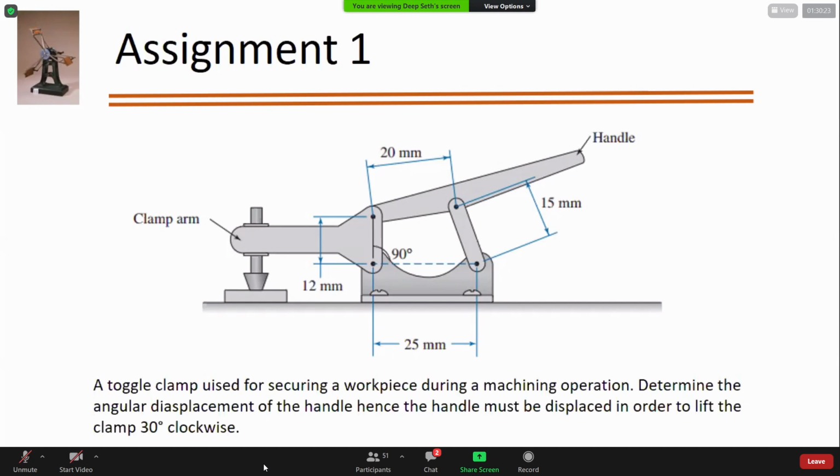Okay, so you have to see, for example, here we have marked that it is the handle. Here you have a clamp arm, and it's a mix of visual sense and common sense, how this mechanism is working just by seeing the diagram.